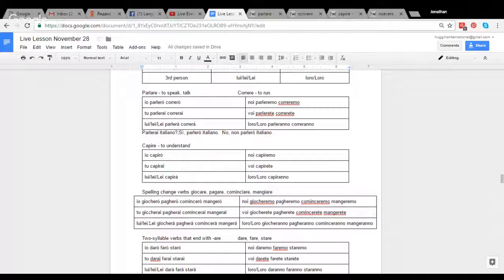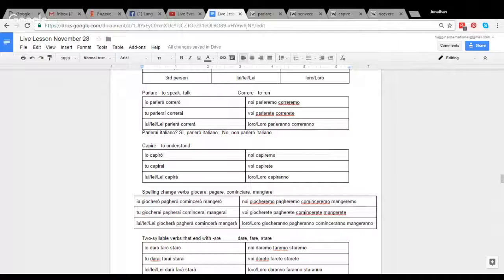You'll have giocherai, pagherai, comincerai, mangerai, giocherà, pagherà, comincerà, mangerà, giocheremo, pagheremo, cominceremo, mangeremo, pagherete, comincerete, mangerete, giocheranno, pagheranno, cominceranno, mangeranno. So just keep in mind those spelling changes that you would have, not just for the first person, but for all persons.